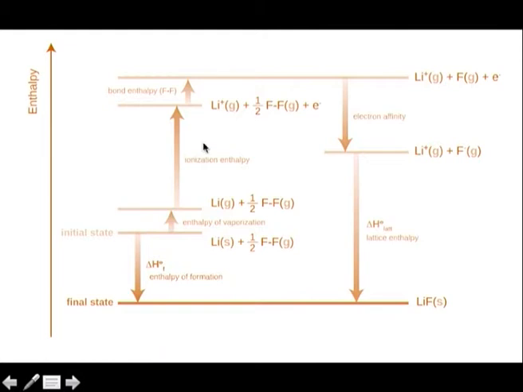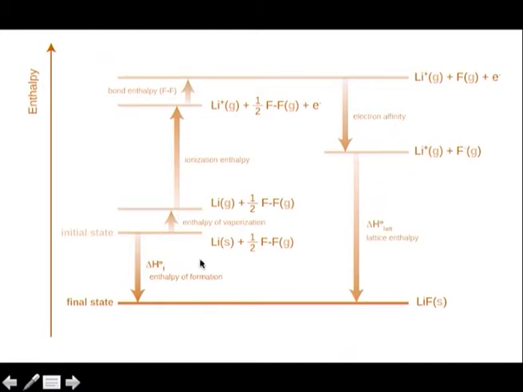This is a pictorial representation of all these processes I just discussed. I am starting with lithium and fluorine, and from here this is the first step, the second one, and so on and so forth.